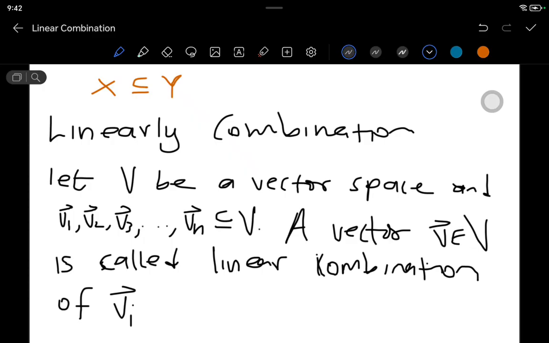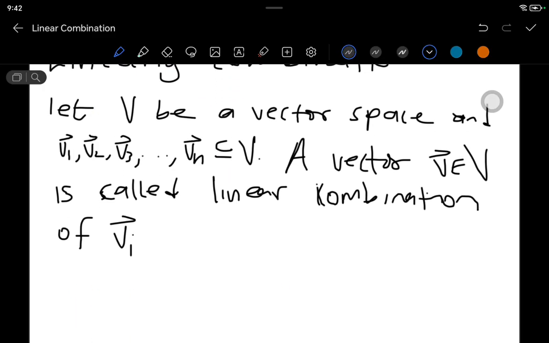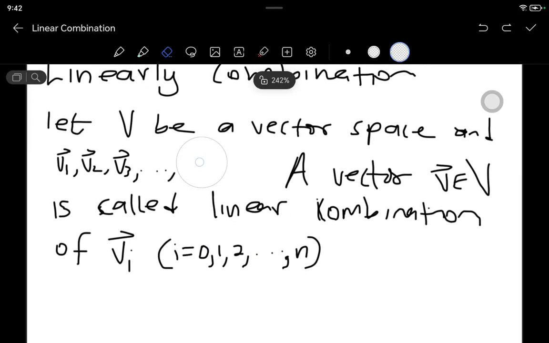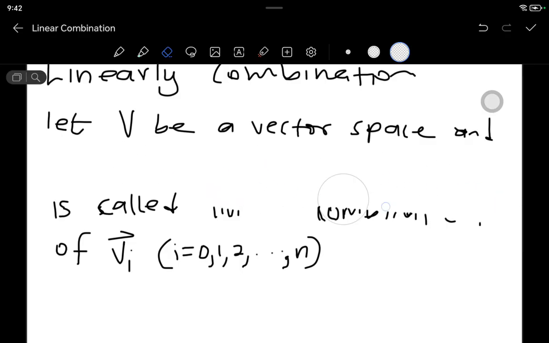In this case, it depends how many of these there are. So I can just call this Vi for i equals 0, 1, 2, up until n. Even here, I would have chosen that to be Vi, which would have made sense. So I can also summarize this.